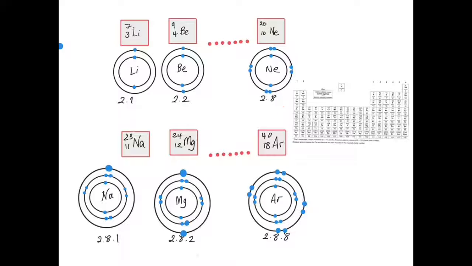Neon is 2,8 because there are 2 electrons in the first shell and 8 electrons in the second shell. If we take sodium, it's 2,8,1 because there are 2, the second shell contains 8, and the outer shell, the third shell, contains 1 electron. Look at, for example, argon. It's got 8 electrons in its outer shell. It's got 3 shells.